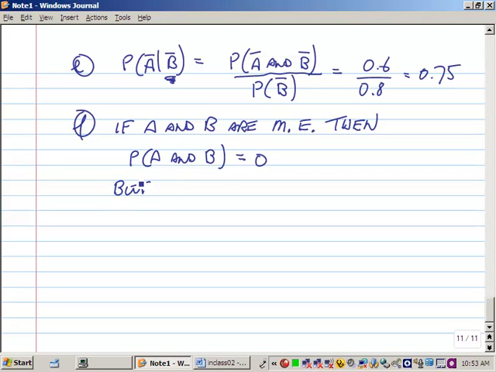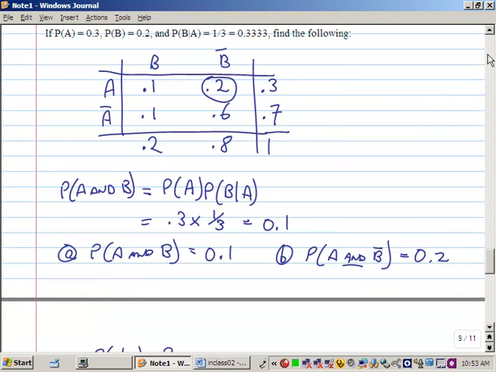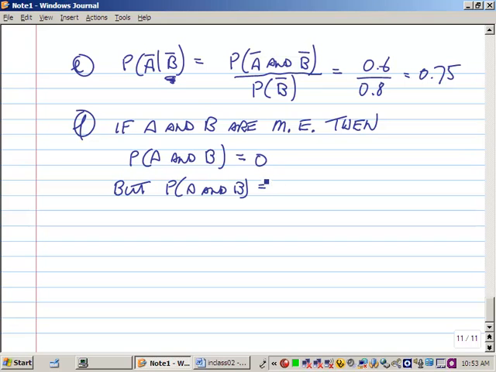But from the table, the probability of A and B is equal to 0.1, which of course is not 0. So the two events, A and B, are not mutually exclusive. Okay, so that's that.